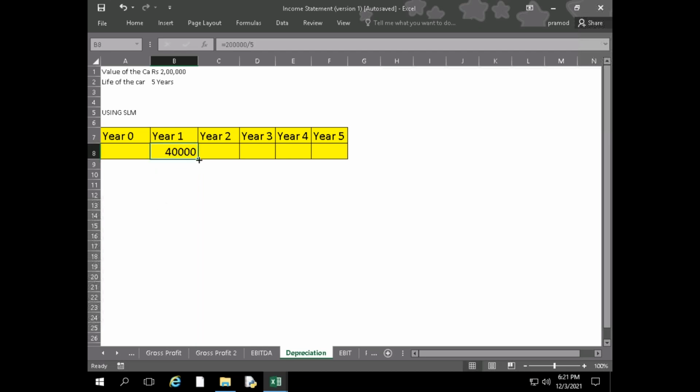So 40,000 will be the same for all 5 years. You will not be changing it. The value of the car is 2 lakh, and the life of the car is 5 years. Okay.